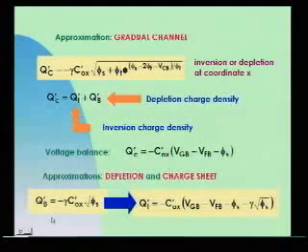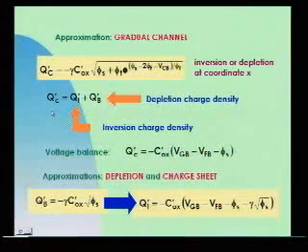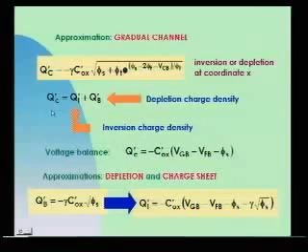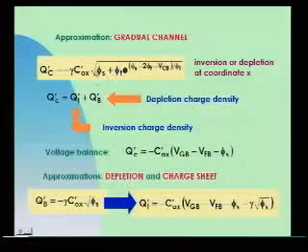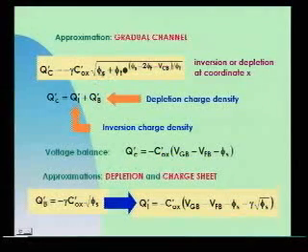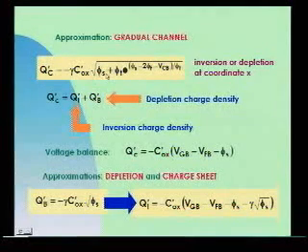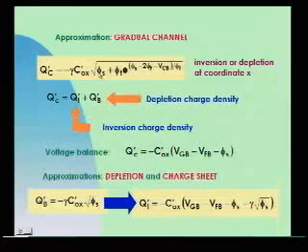Okay? The semiconductor charge density in the depletion regime, when we don't have electrons at the surface, is only due to this term here, the square root of the surface potential.